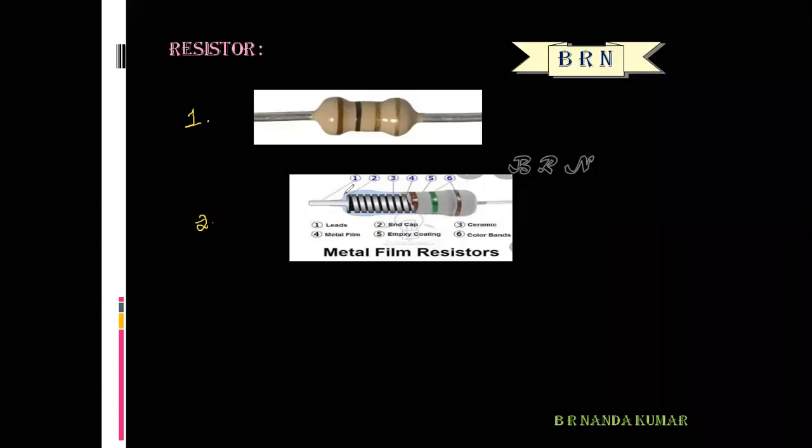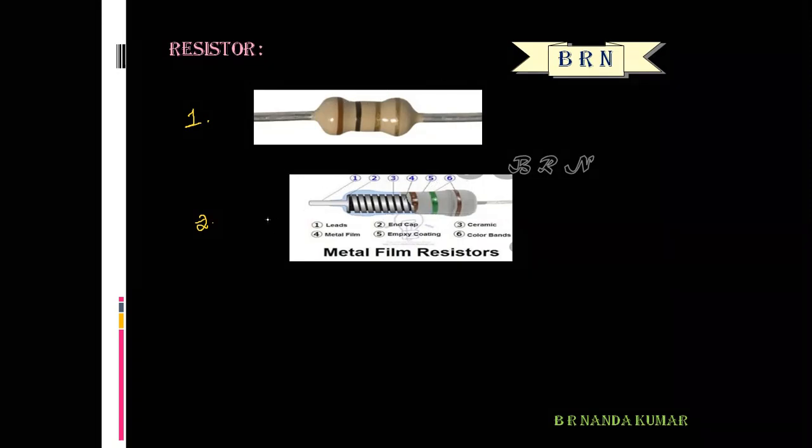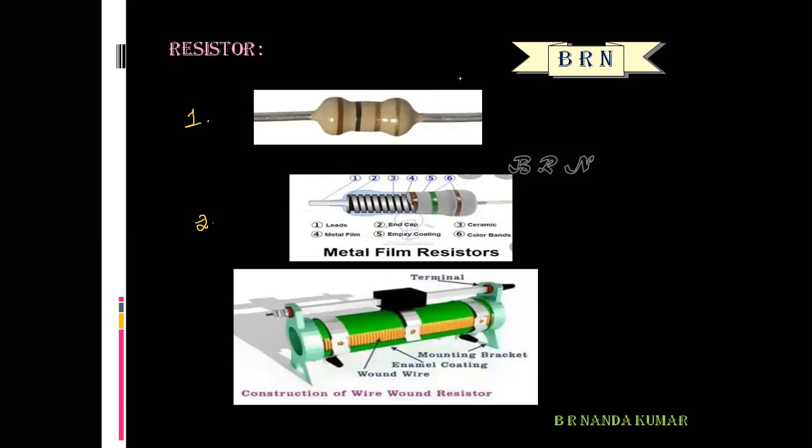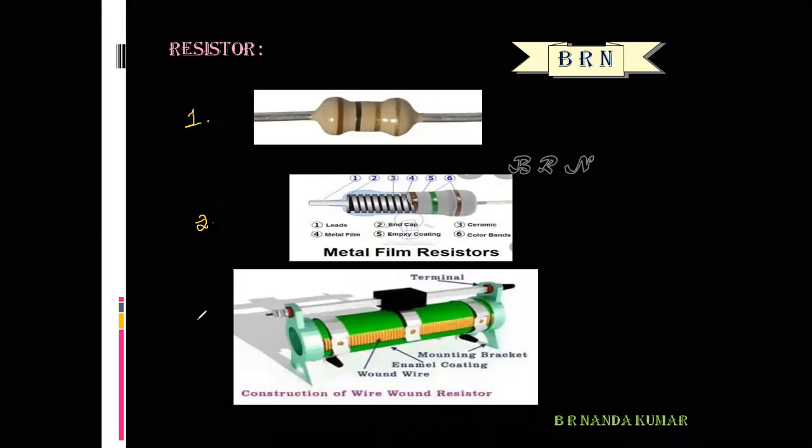This is another form of resistor. And the third one is the wire wound resistor. So the first one, carbon composition resistor. Second one is metal film resistor. Third one is wire wound resistor.